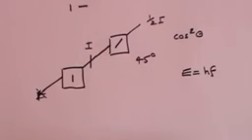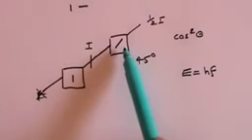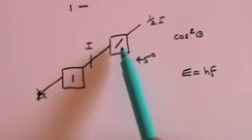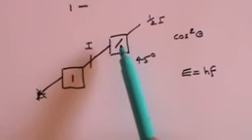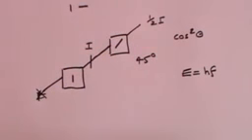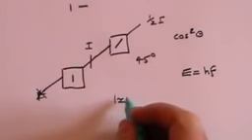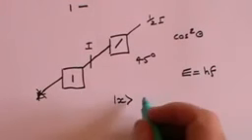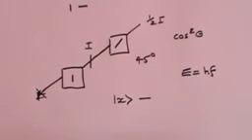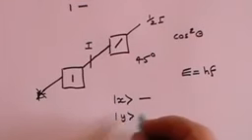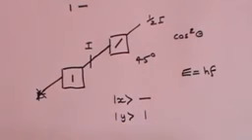But having accepted that it's weird, we now need to work out what the representation of a forward slash 45 degree state is. We've already said that we've got the x state, which is the horizontal state, and we have a y state, which is the vertical state.